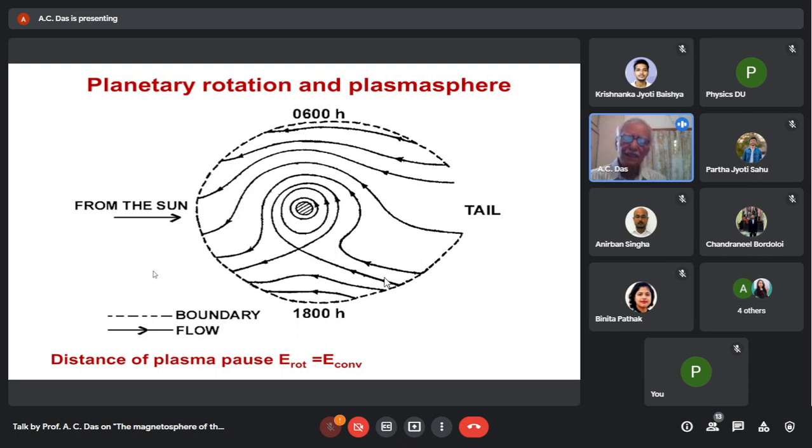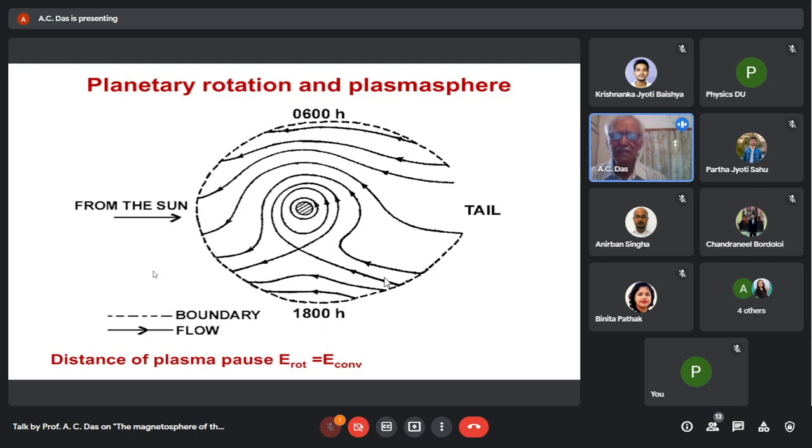This density drop is known as the Carpenter's knee, because Carpenter is the scientist who was first able to determine this plasmapause, or the density drop, by looking at the whistler mode data. Whistler mode is a wave which is quite active in this plasmasphere, and one can find out the density from the whistler mode wave tracing.